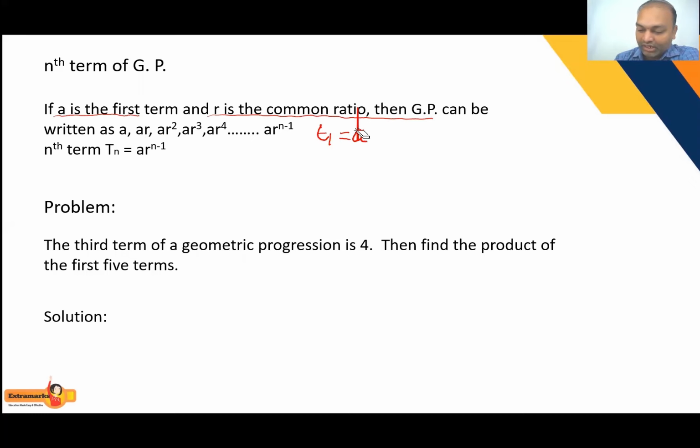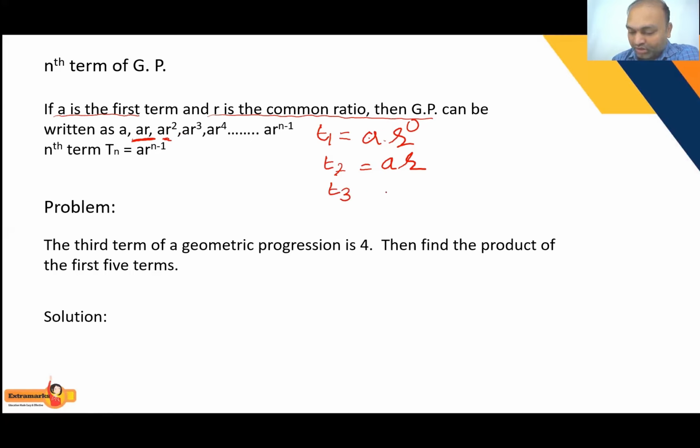For our convenience, I am writing a as a into r power 0. Then T2, which means the second term, is ar. And the third term is ar square.